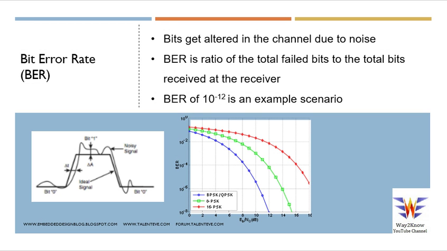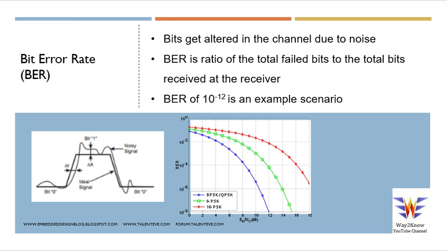So digital signals are nothing but 0 and 1. We generally talk about bits. So when we transmit bits in the channel from transmitter to the receiver, the bits might get altered, as we talked in the previous slide. Due to undershoot, we have seen that there could be a indeterministic value that might be received by the receiver. So in that case, there can be a failure of the bit.